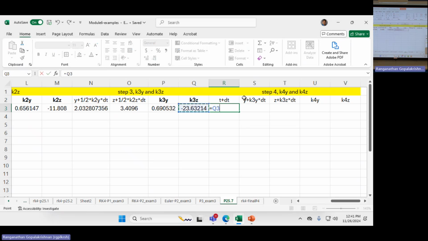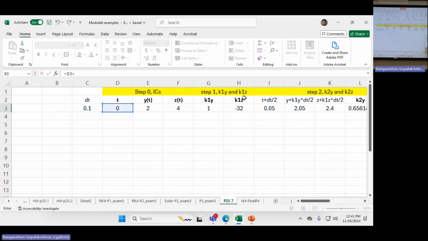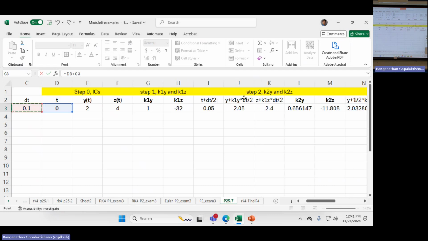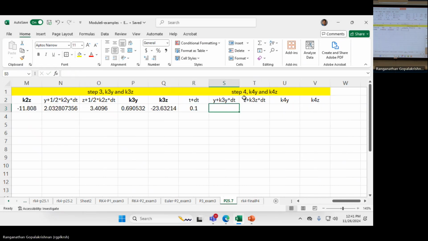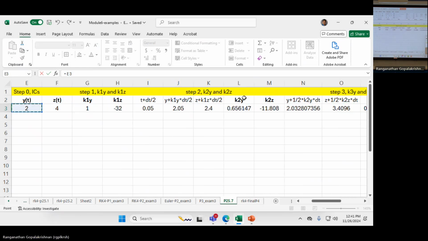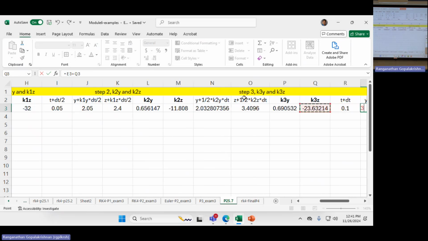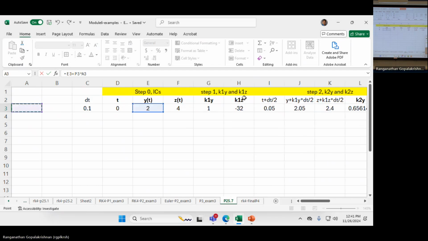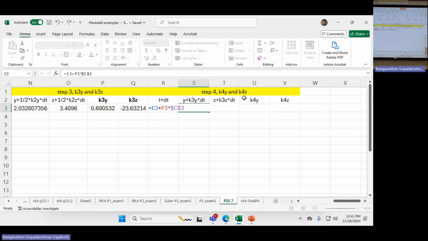What is t plus dt? This is my t and this is my dt. Lock it. Y plus k3y times dt. Lock.